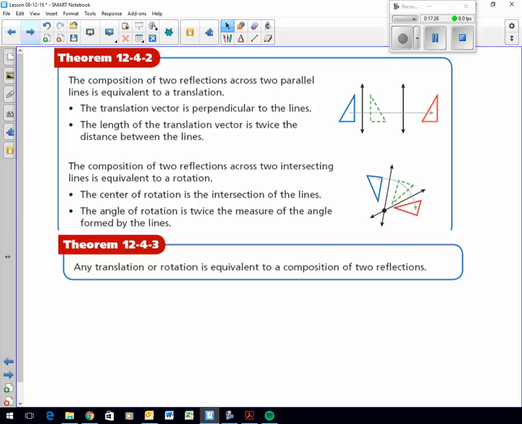And finally, please write down: any translation or rotation is equivalent to a composition of two reflections. Make sure you have this sentence, and this sentence written down.